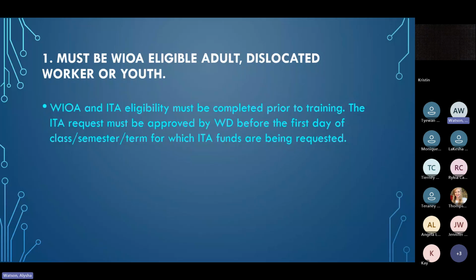We have ITA requests that come in across the 6 areas that we govern, so we want to make sure there's enough time for that participant's documents, case notes, and everything to be reviewed and completed. So we ask that it's in at least 2 weeks before the first day of the start of training.